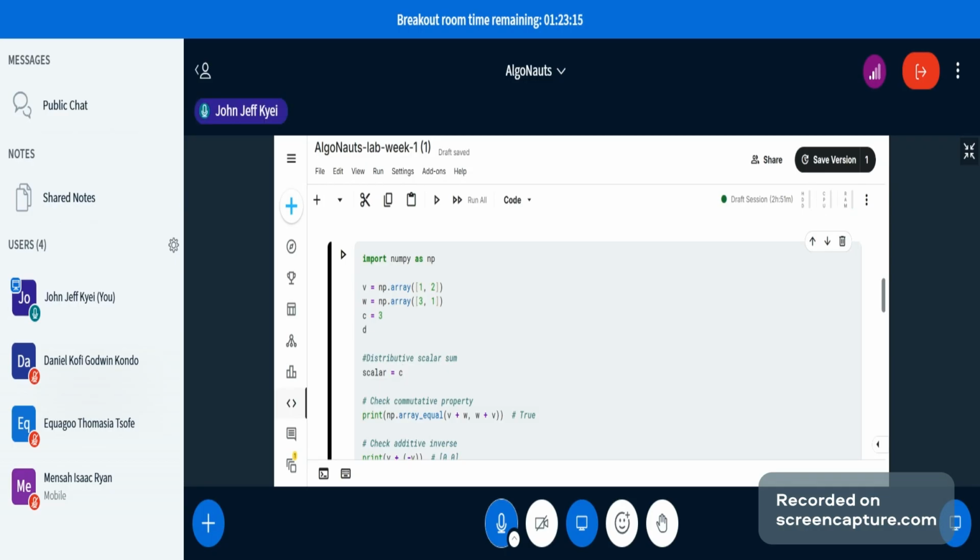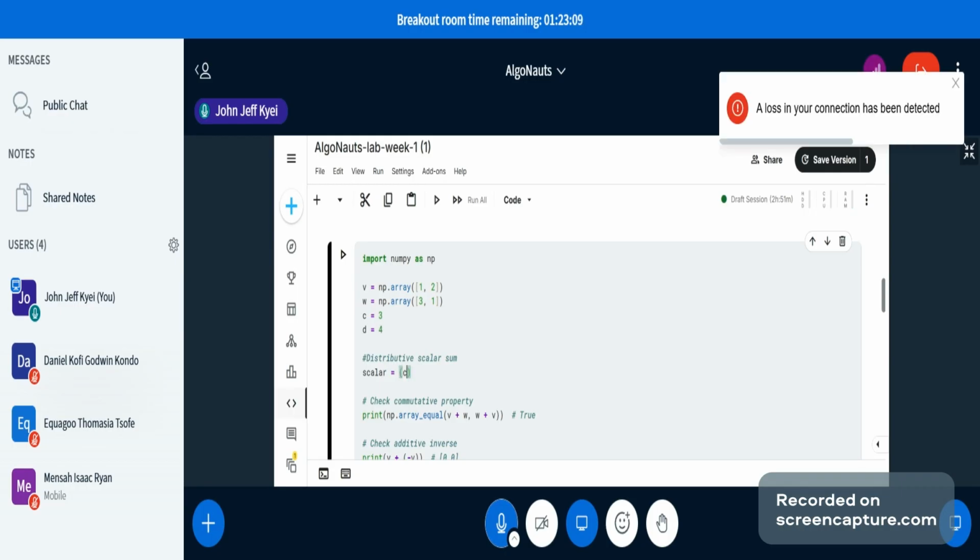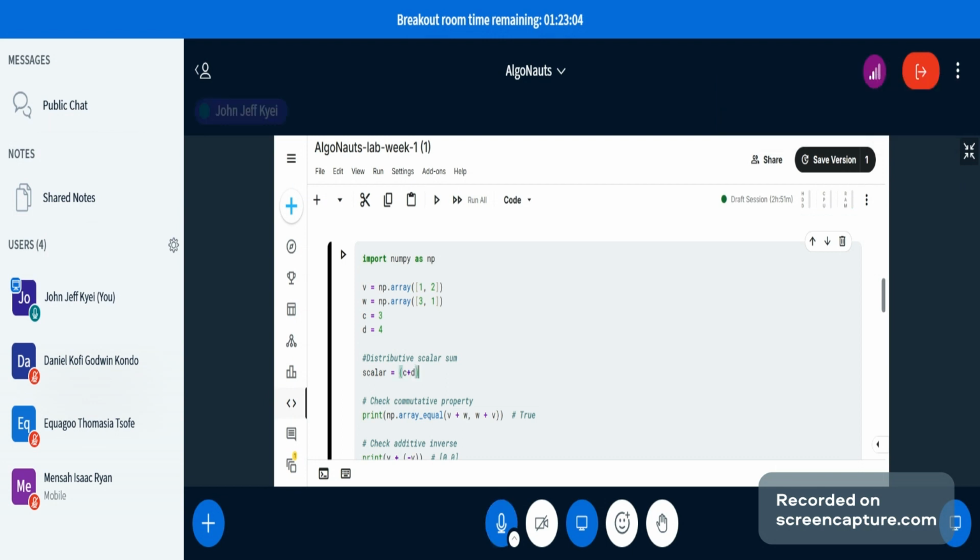So C plus D, times vector V should be the same as C times vector V plus D times vector V.